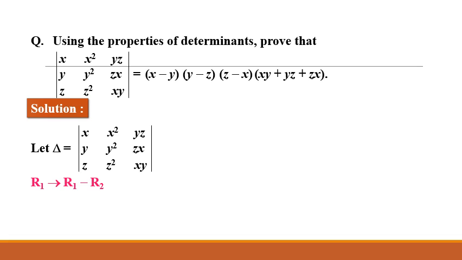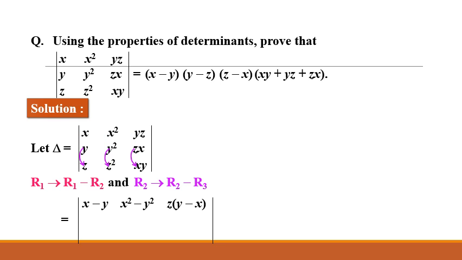When we apply the property R1 implies R1 minus R2, we get the first factor on the RHS. The elements of R1 will change to x minus y, x square minus y square, and yz minus zx. When we take out z common, we get y minus x as the third element.